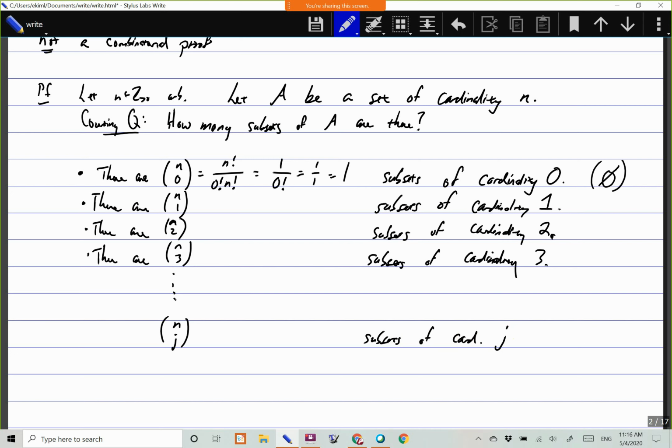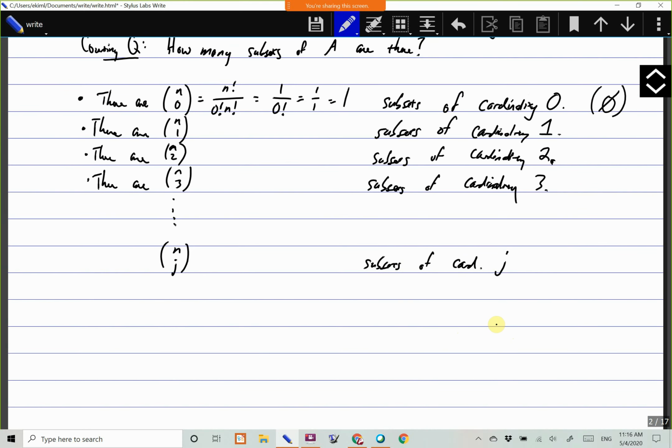So all in all, if you want all of the subsets, and you pick a single subset of A, you would either pick a subset of cardinality 2 or cardinality 3 or cardinality 4, not both, right? Not each.